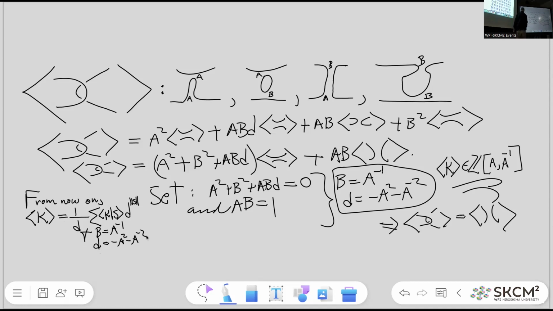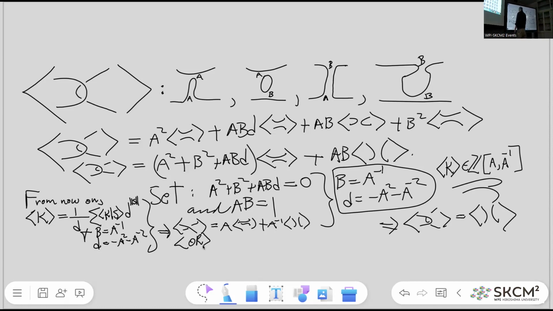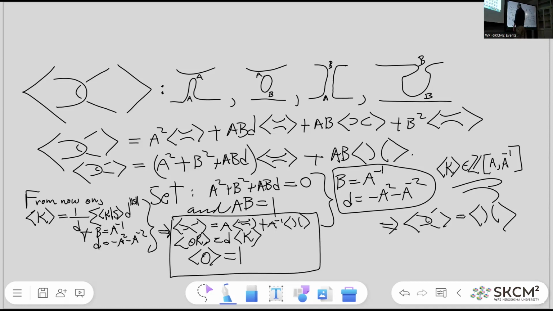That means that A times this plus A inverse times this. Bracket on the loop next to K will be D times bracket K, and the bracket of a single circle will be 1. Okay, so that's what I'm going to have when I write sharp bracket.